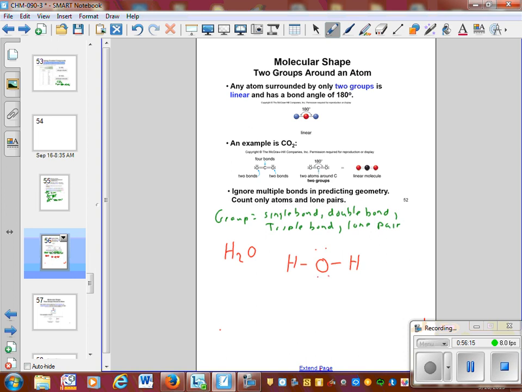How do 4 groups arrange themselves? 109.5. Tetrahedral. Now, that's the electronic arrangement. To get the molecular shape, we have to look at where the atoms are. So I have 4 groups. How many of those groups have atoms on them? 4? Really? Is there an atom attached to this lone pair? 2 groups. 1 hydrogen, 1 hydrogen.